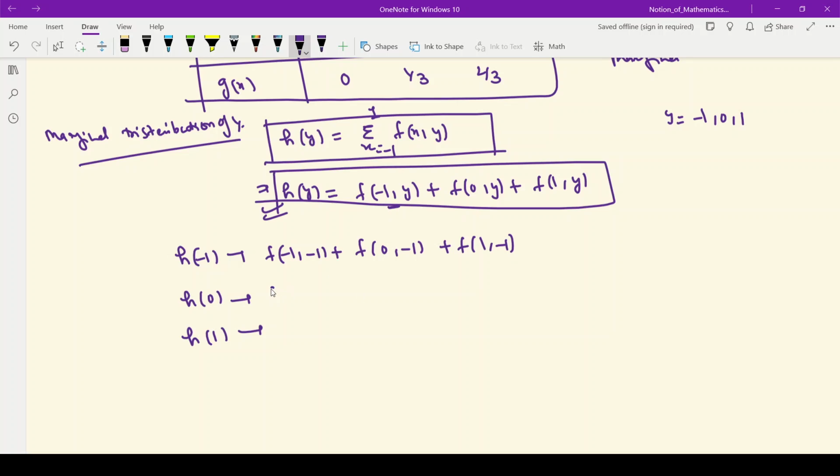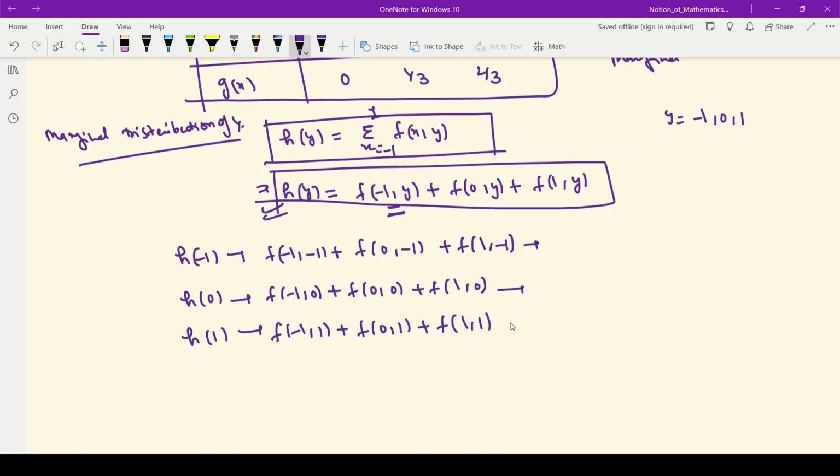Utilize here 0: f(-1,0) plus f(0,0) plus f(1,0). Utilize here 1: f(-1,1) plus f(0,1) plus f(1,1).